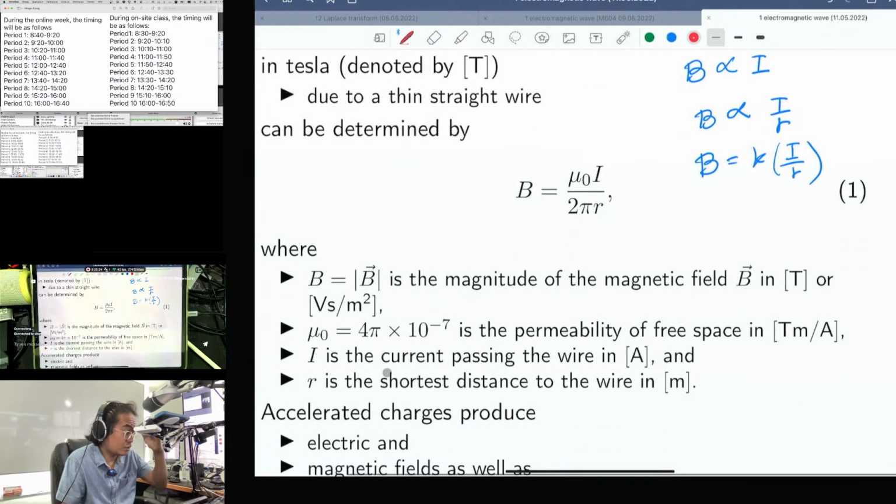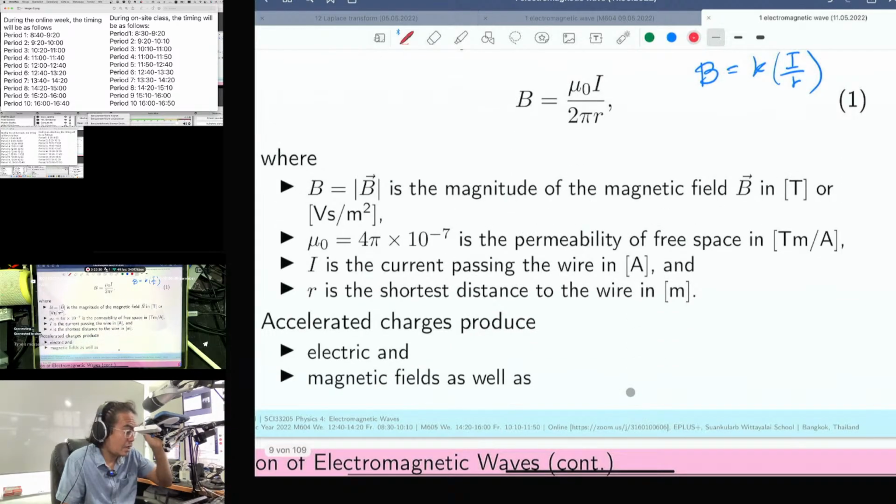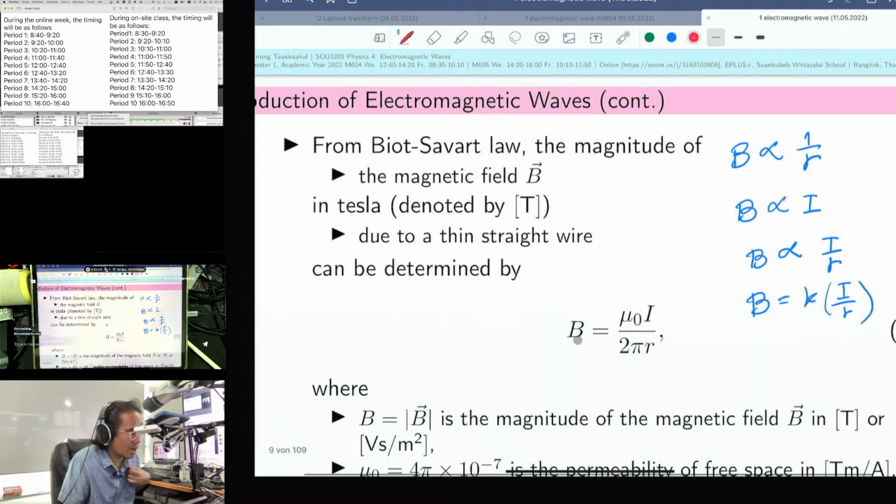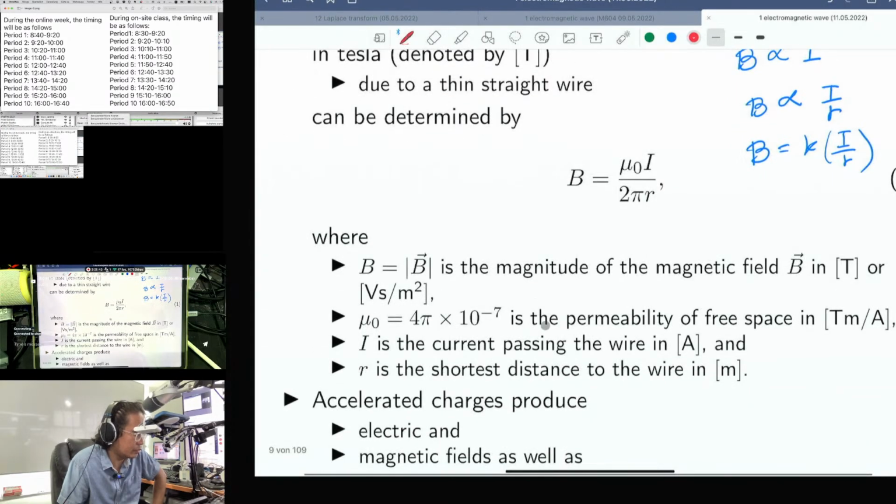Okay, you know something about the distance R, right? The shortest distance in meter. And we will talk about the Biot-Savart formula later, I think in the middle or in the end of this chapter. We will use it for some calculation examples.